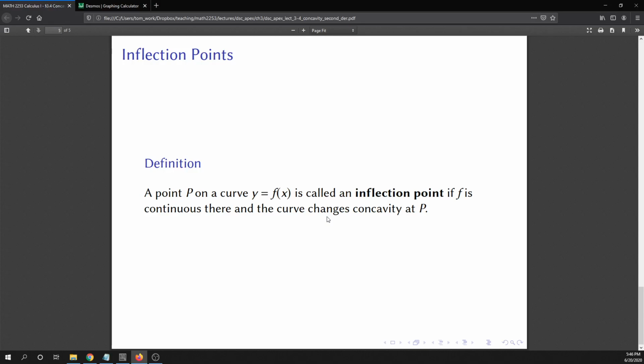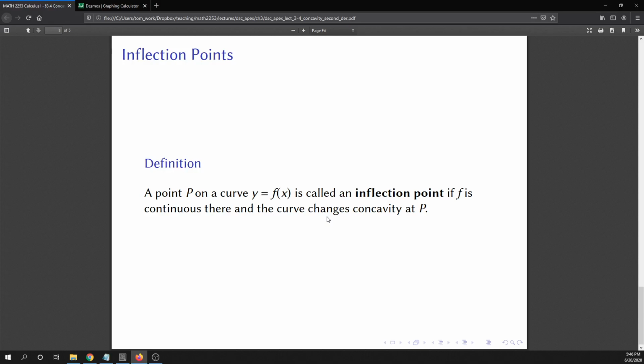That is very similar to what we did for local max and local min when we talked about increasing, decreasing, only this time we are doing it with the second derivative instead of the first derivative. Also, there's no distinction between changing from concave up to down or down to up. We just call it an inflection point.